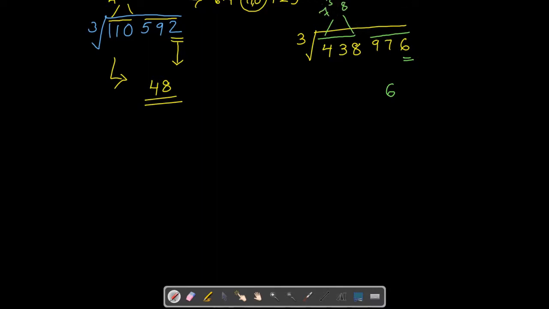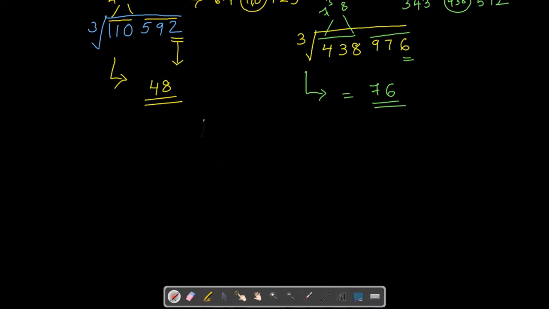The value of 7 cube is 343 and the value of 8 cube is 512. So 438 lies somewhere in between 343 and 512. And we already know that whenever we are doing cubes, we take the smaller value. So let me take it as 7. So the answer is 76. That is, the cube root of 438,976 will be 76. I hope this is clear.